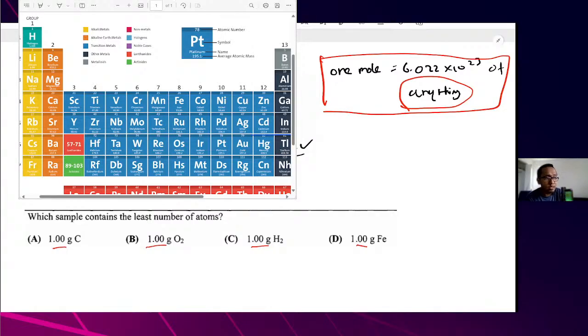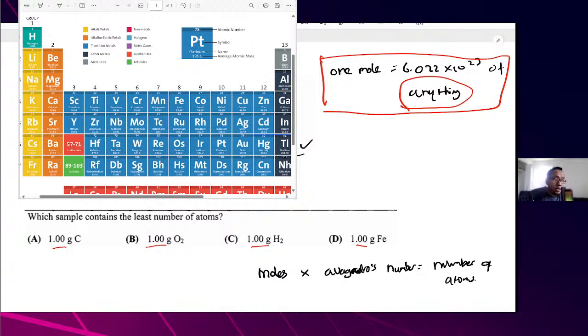We use the molar mass concept, then moles times Avogadro's number, and we end up getting the number of atoms. Let's do a quick comparison of each.